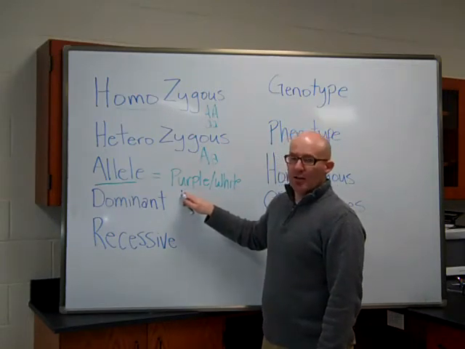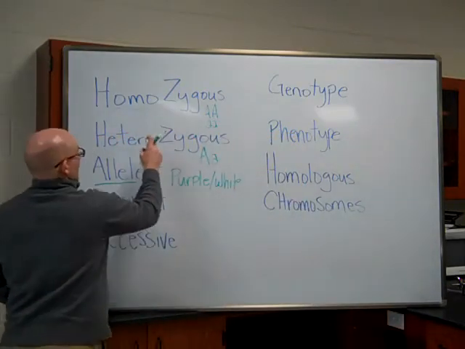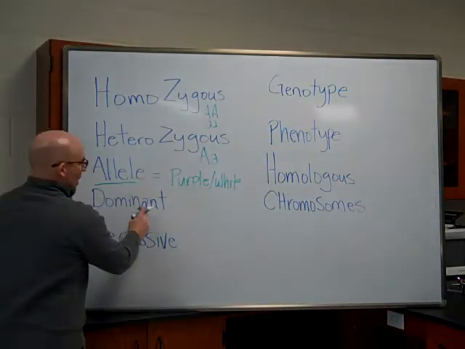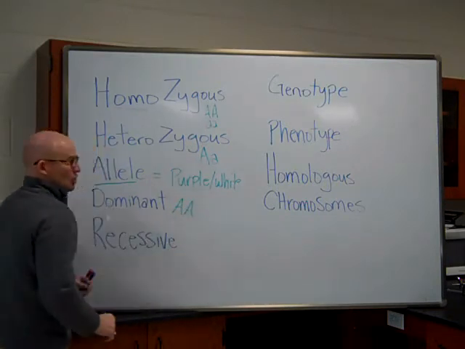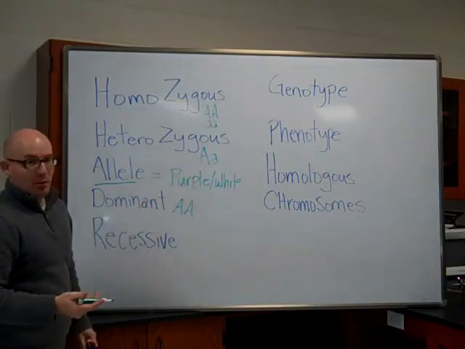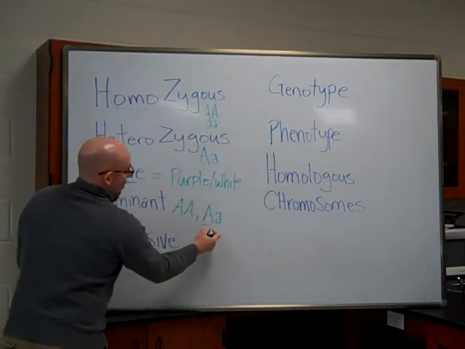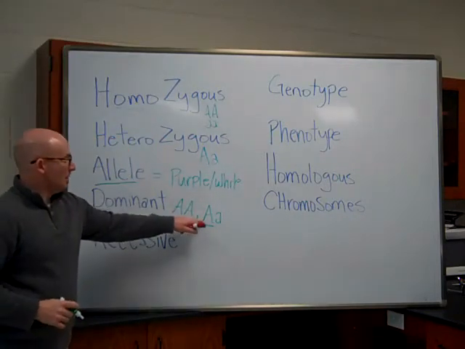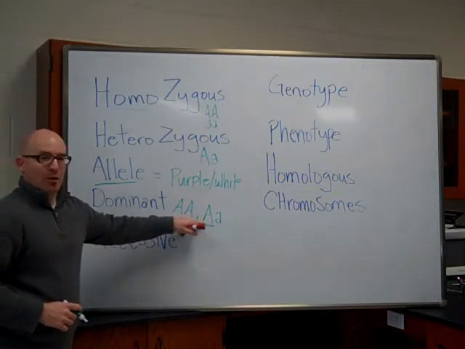So if we're talking genotypes, homozygous and heterozygous, a dominant trait could be big A, big A, two copies of the dominant gene. That would make it a purple flower. Or big A, little a. Having one copy of that dominant allele still makes it a purple flower.